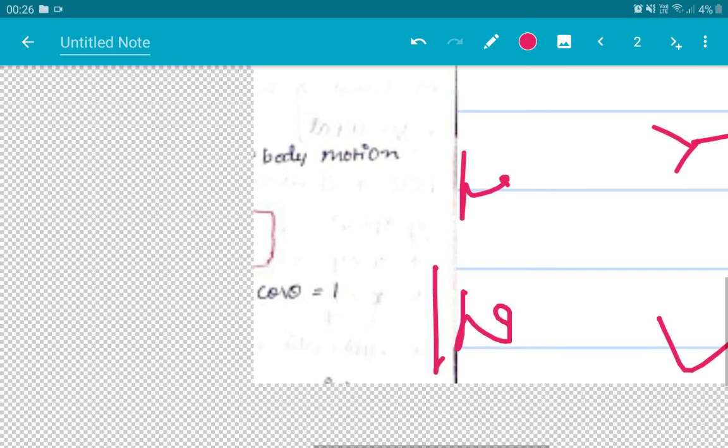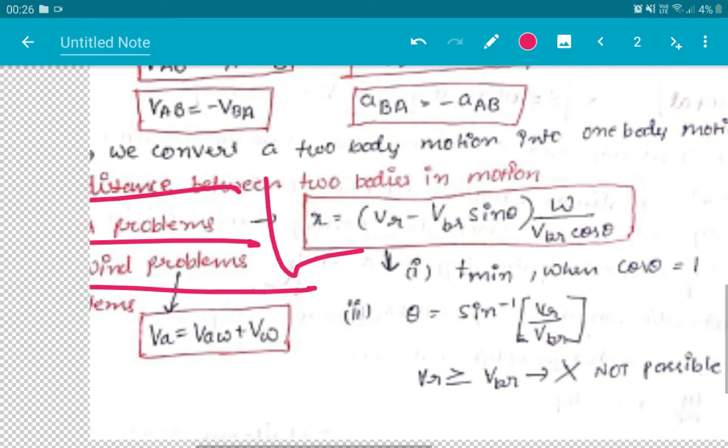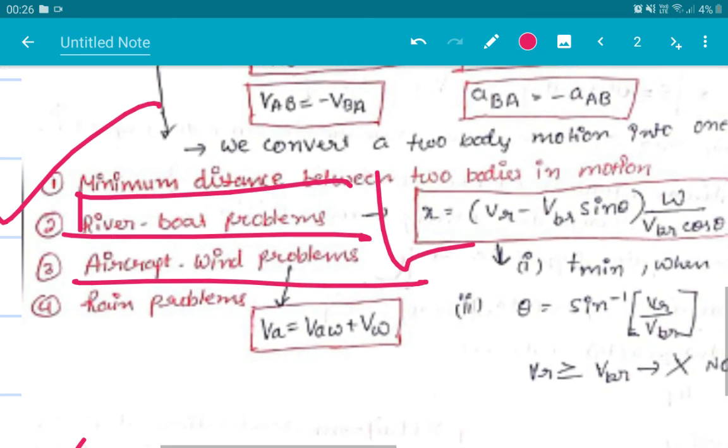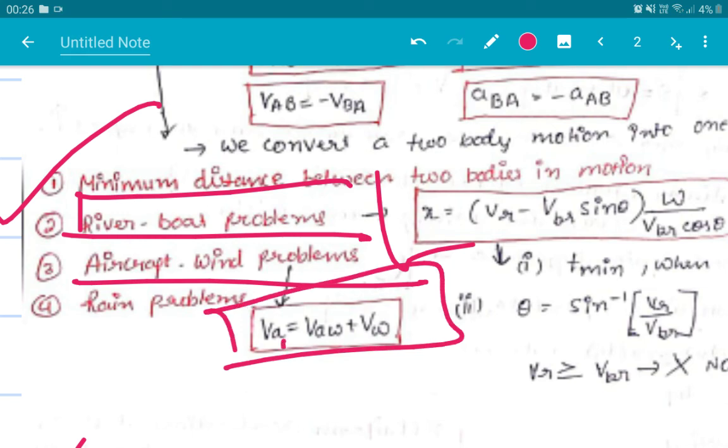For that also a similar kind of formula applies, that is va is equal to vaw plus vw. So here wind also affects, right? Due to that wind also the packet moves. There are a lot of conditions given.